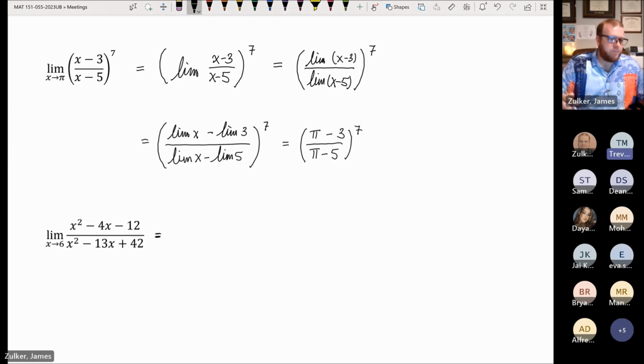Zero over zero, which is undefined, but it's a special type of undefined.